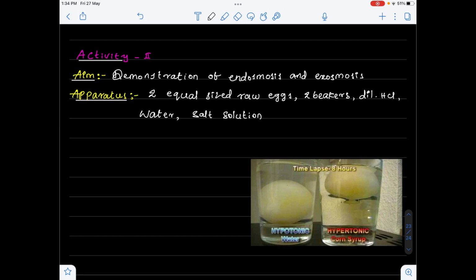These are all the materials required to perform this activity. Now let us see the next step, method or procedure.